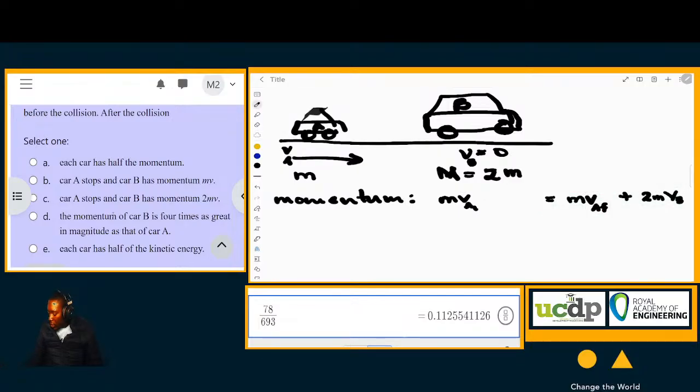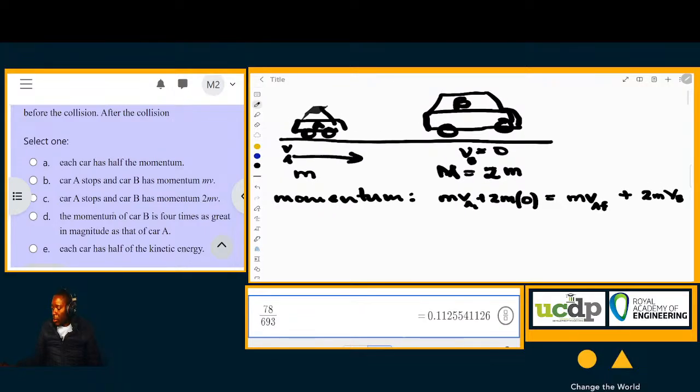Plus 2m times 0. Remember the initial velocity of car B is 0, so I skipped it because it's 0. This is our equation for conservation of momentum: total initial momentum equals total final momentum.